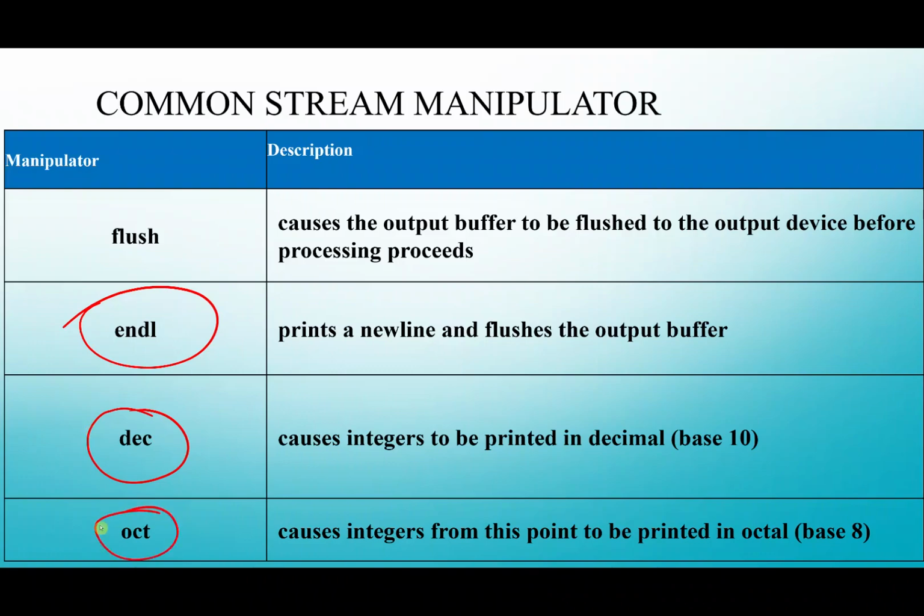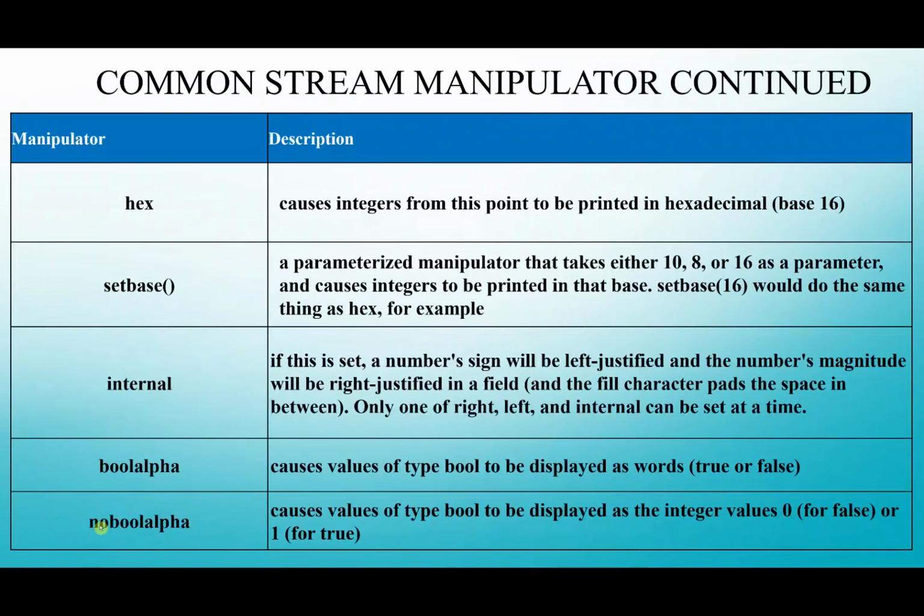Oct is printing the integers in octal. Hex, the one we just used, prints the integers in hex. Set base, a parameterized manipulator, takes either 10, 8, 16. Instead of using hex, you can use setbase 16 inside the parentheses. Octal, instead of using oct, you can use 8.